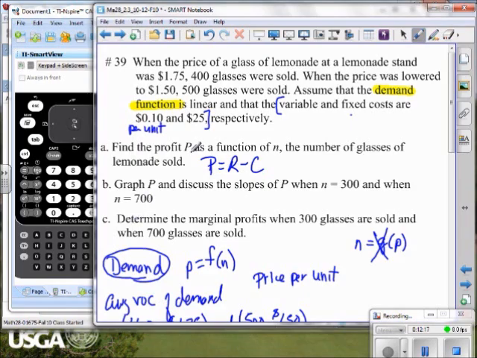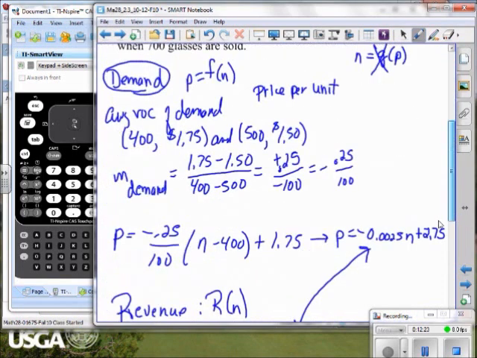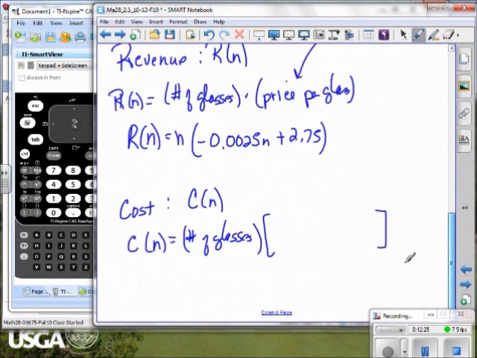Our fixed costs are just ordinary stuff. I mean, I can't vary on these. Okay, so let's go down here and figure this out. What's my cost function? Well, my cost function then is going to be the number of glasses times 10 cents, plus $25, okay?